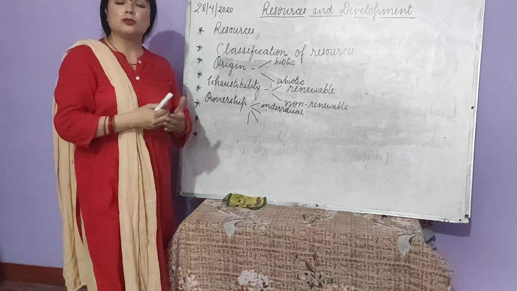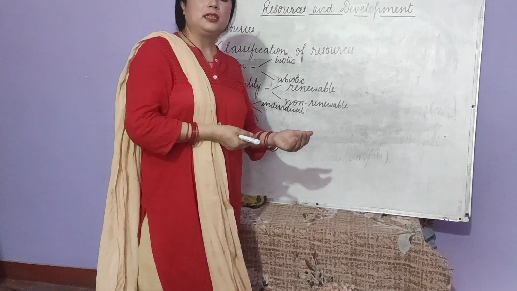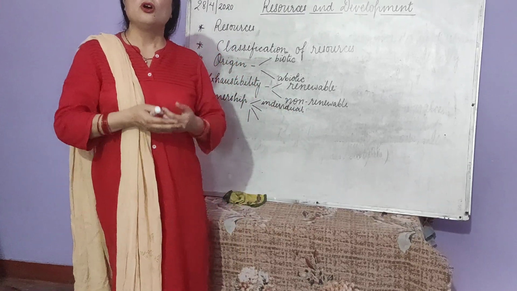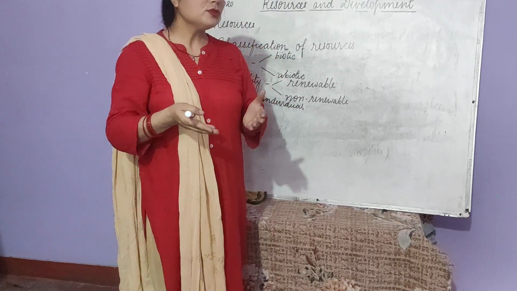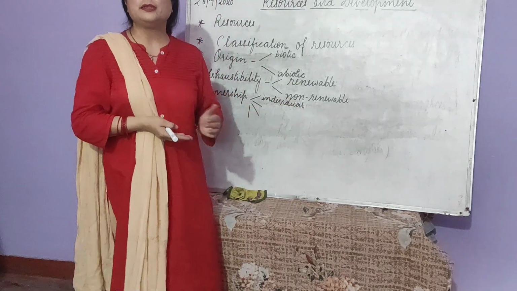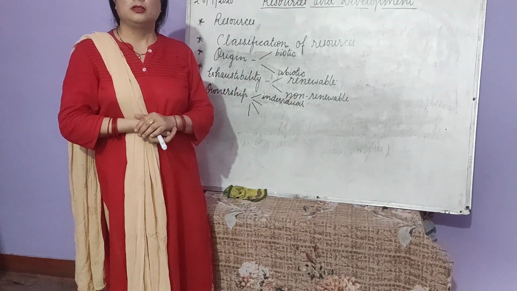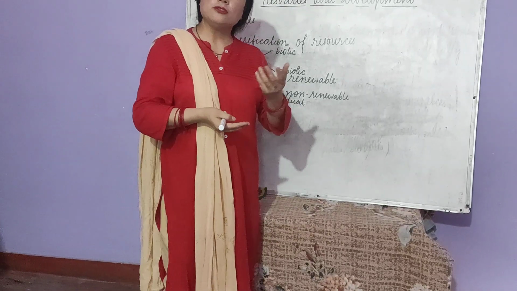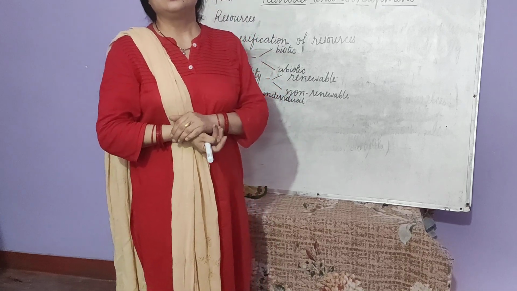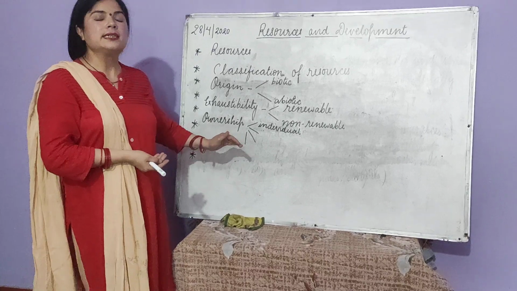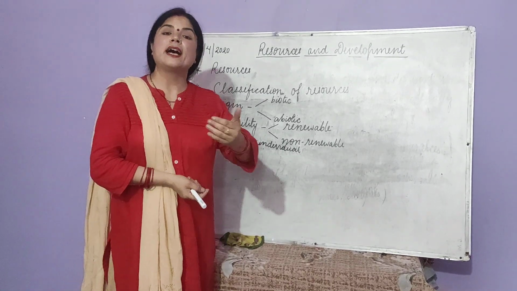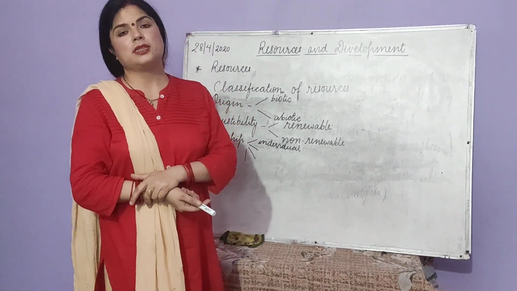Individual resources are those resources which have their individual owners. All the people cannot be allowed to use these resources equally. Only owners or a few people can have the permission, we can say, to use these resources or can have the right to use these resources.